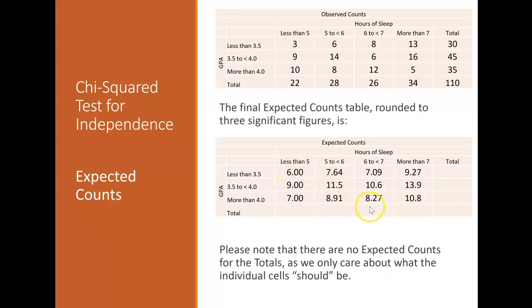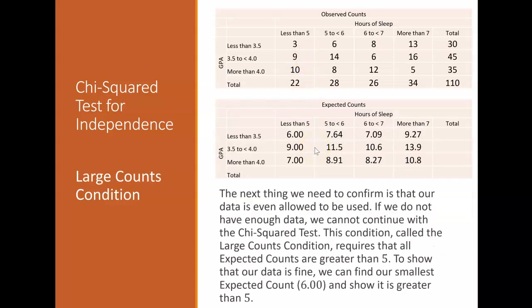So this is what I got for my expected counts table when I rounded to 3 sig figs. Remember, again, the totals should be blank, right? All right. So what do I do with this now? I have expected counts and I have my observed counts.